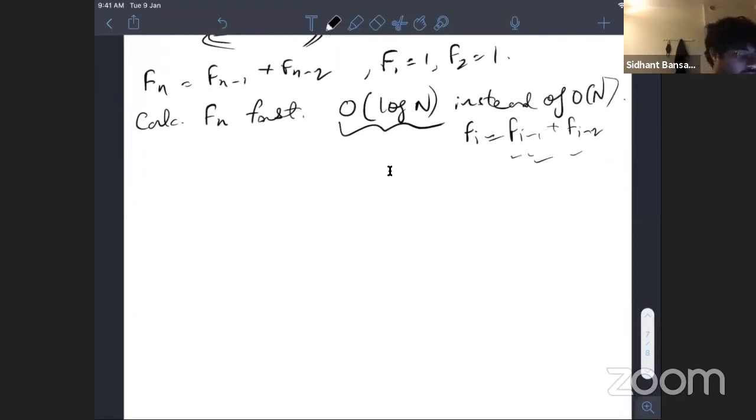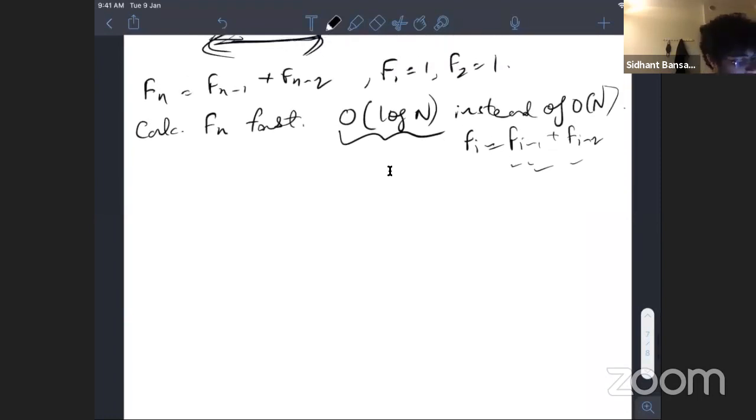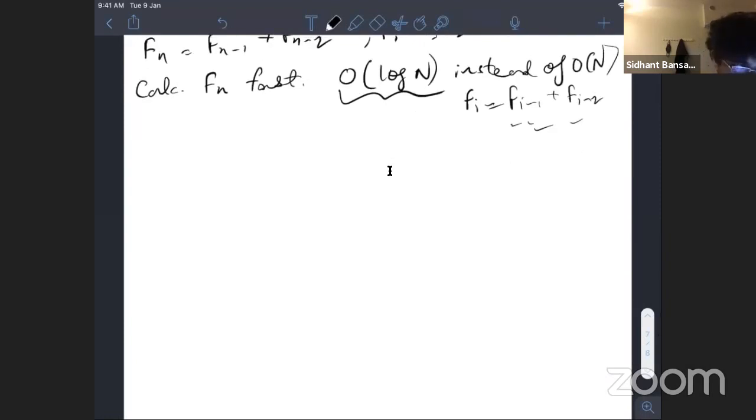How do we get that? The idea comes from matrix expo. Right now I'll just give you the entire idea; at first it might seem slightly magical, but later you'll realize why it works. So you have this vector, and you have this matrix A, and you have another vector.